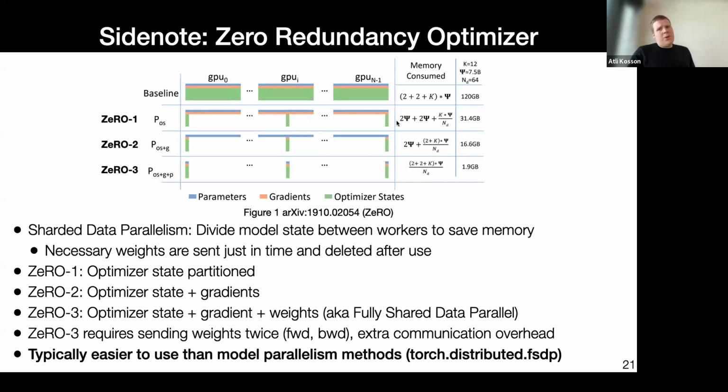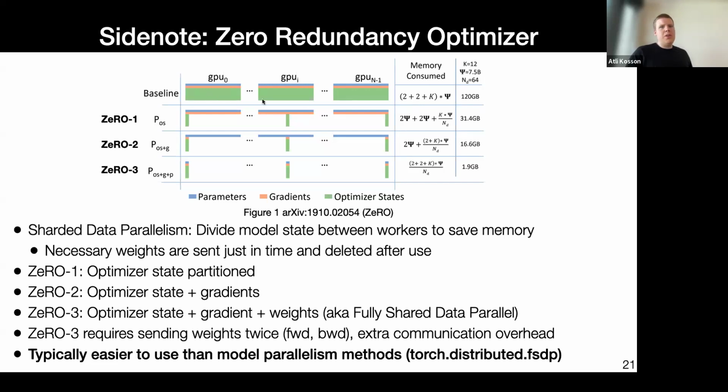This can give you quite significant savings. Let's say here that they are using an example where you have 7.5 billion parameters, and you're using 2 plus 2 plus 12, like 16 bytes per parameter for the optimizer state.